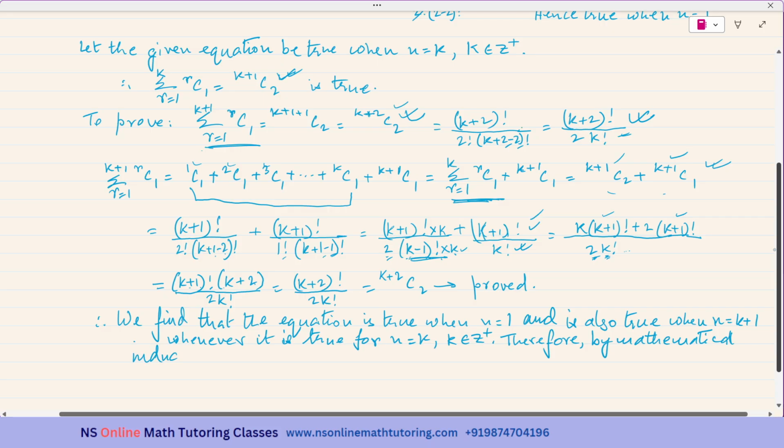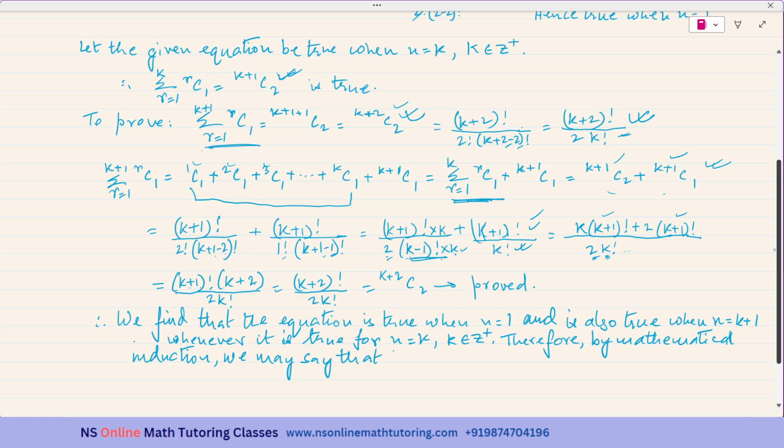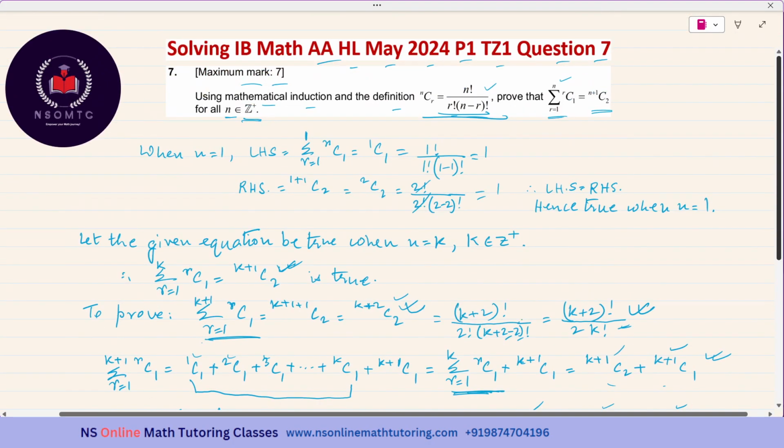By mathematical induction, we may say that the given equation is true for n belonging to the set of positive integers. Okay, so this is the answer. We have solved this question.